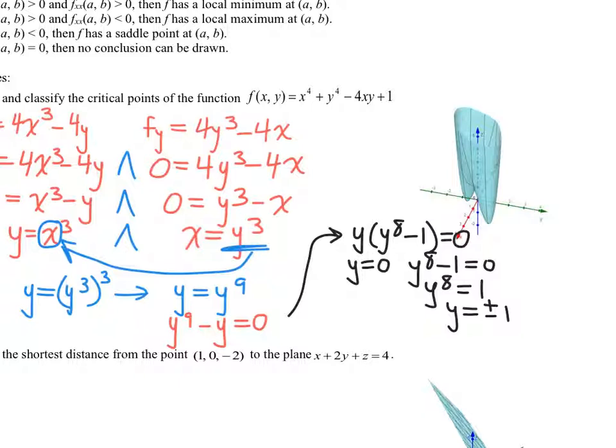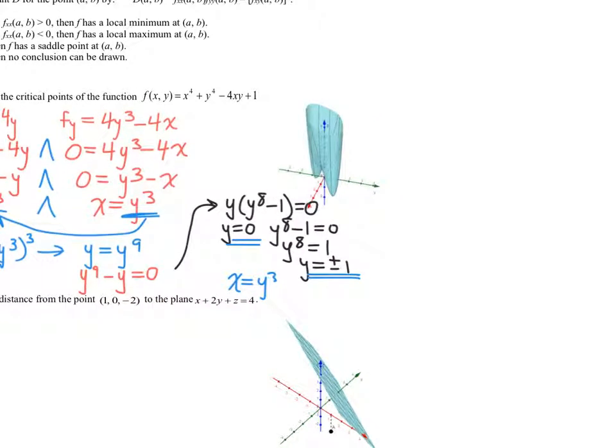All right, so x is equal to y cubed. So if x is equal to y cubed, and we have these 3 y values, then we would get ordered pairs. If I plug in a 0, I get a 0. If I plug in a 1, I get a 1.